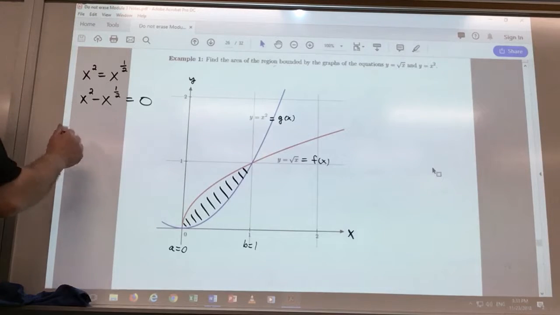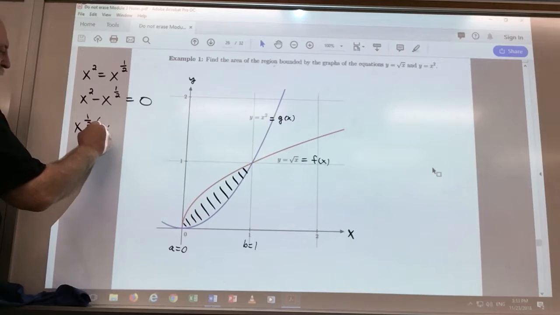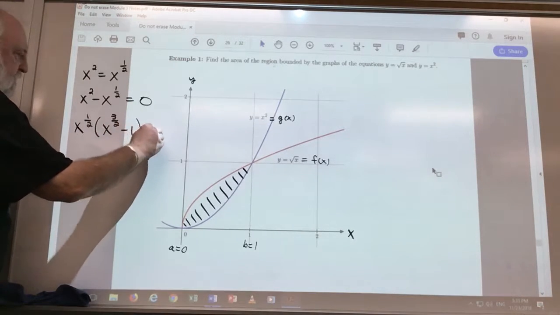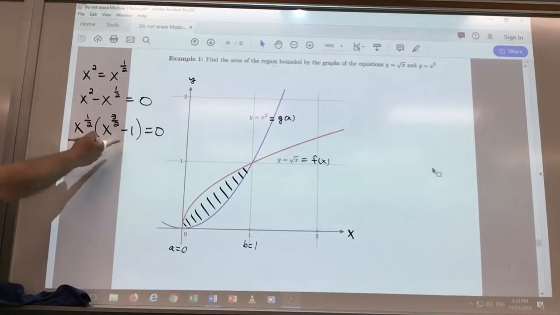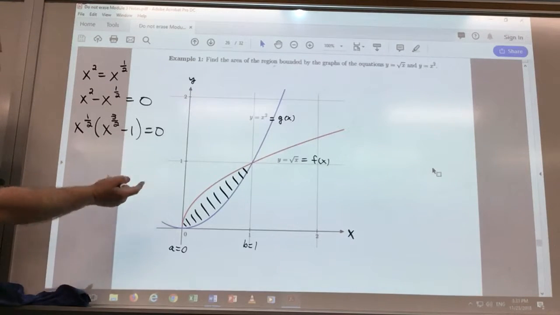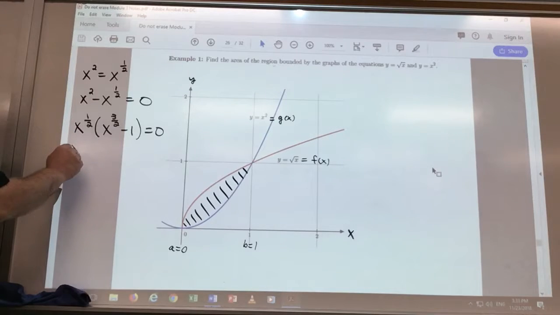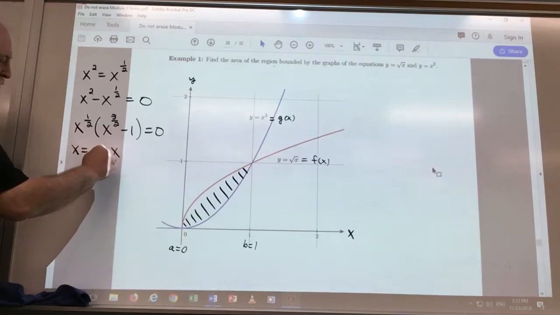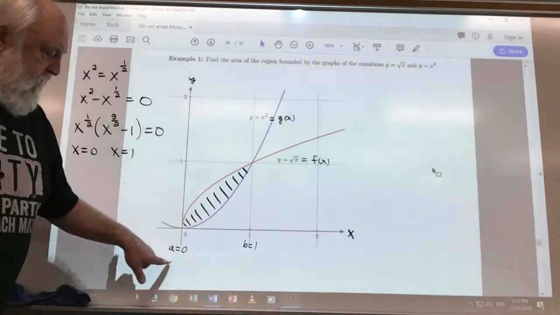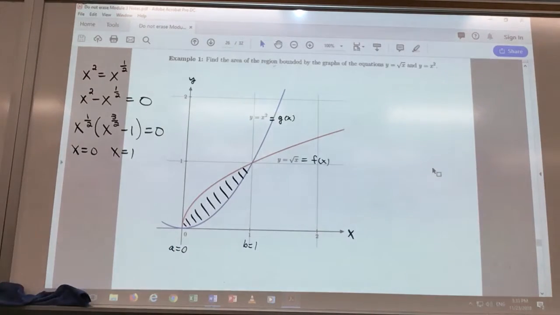Then if you factor out x to the 1/2, you get x to the 1/2 times x to the 3/2 minus 1 equals 0. By the zero product property, x to the 1/2 has to equal 0, or x to the 3/2 minus 1 has to equal 0, and you end up with x is equal to 0, or x is equal to 1, which are a and b down here.